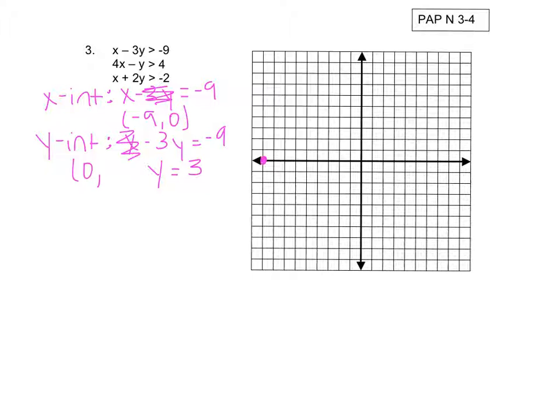So 0, 3. Looking back at your inequality, it's greater, so it doesn't include the points. So you will have a dotted line. Make sure you extend it throughout the graph.